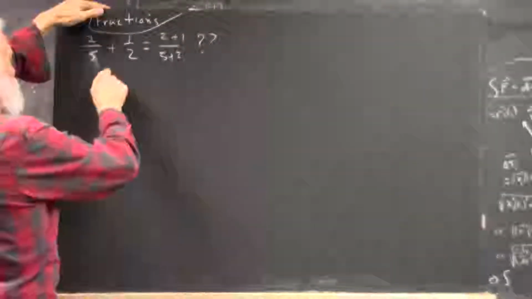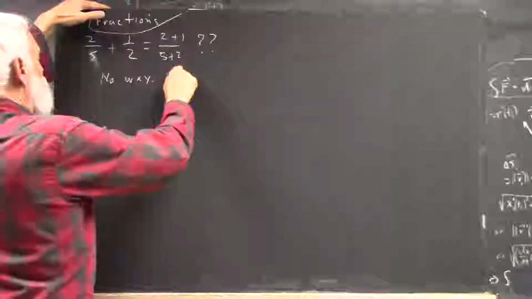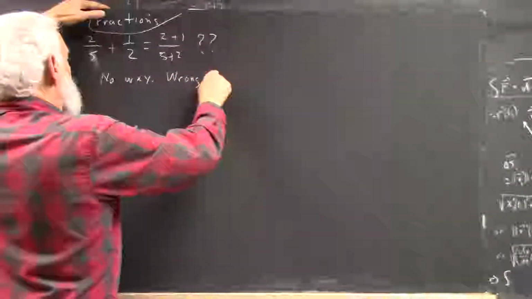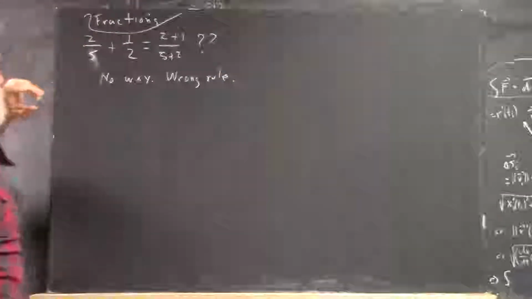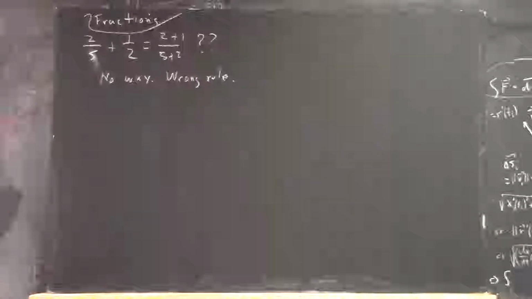Okay, so if we try to add these, no way, that's the wrong rule. Why? How can we tell that's wrong?